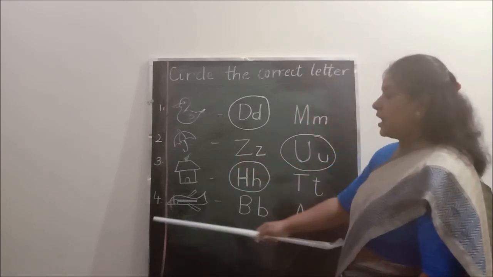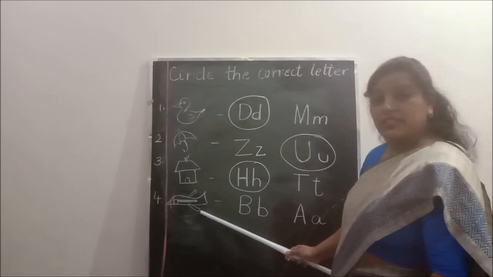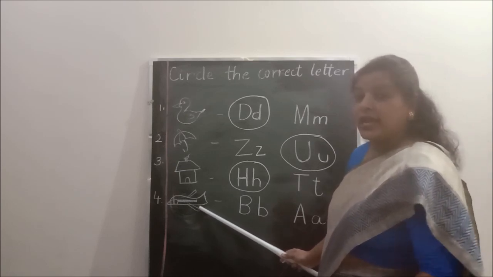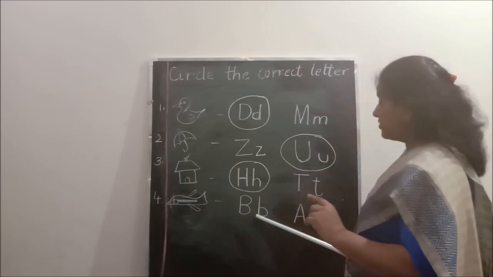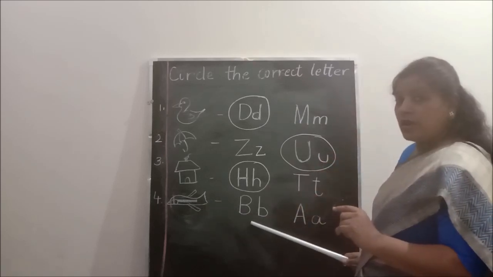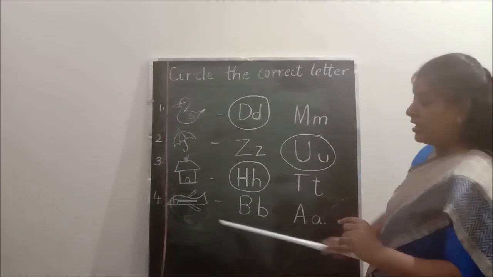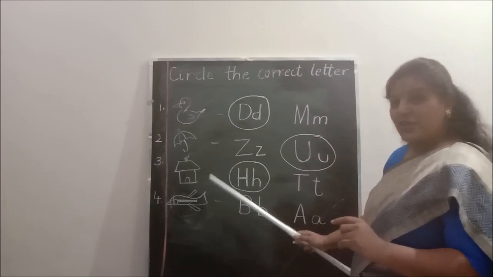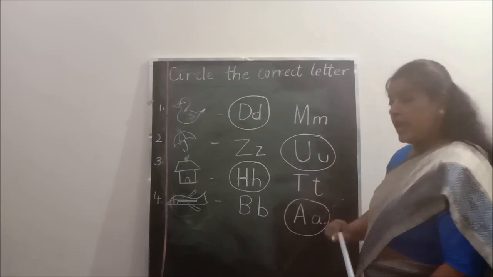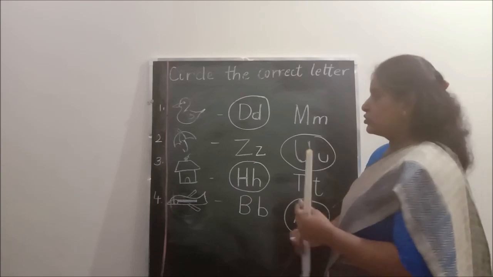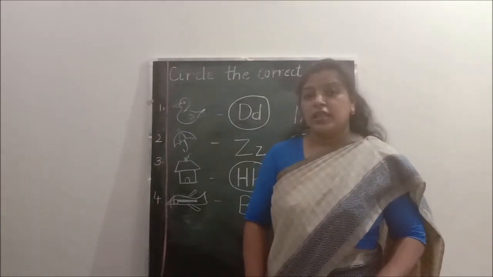Now next, last one is an aeroplane. So which letter are we going to circle? B or A, aeroplane. So we are going to circle A. Clear? So like this we are going to do it in our notebook also.